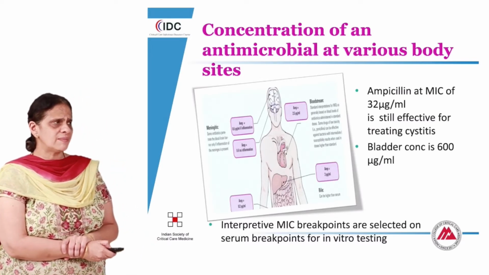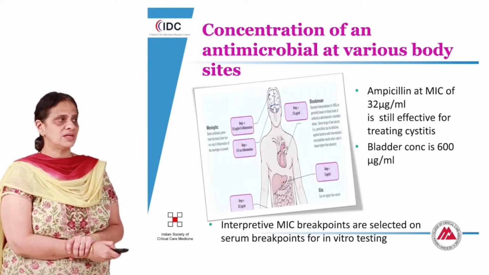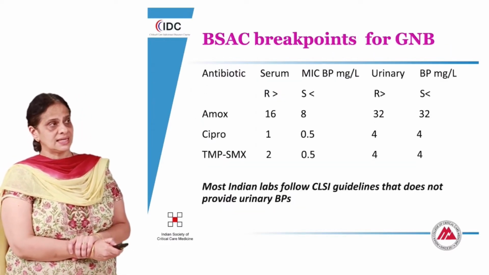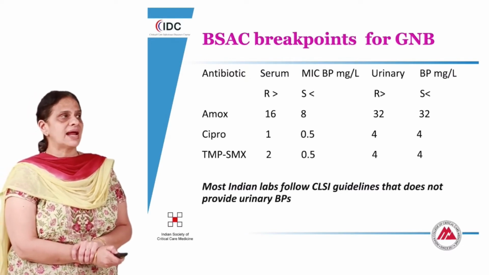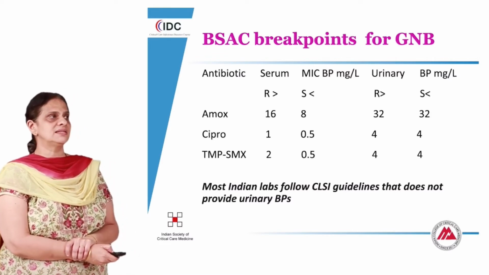So interpretive MIC breakpoints are selected on serum breakpoints for in vitro susceptibility testing, and here we wouldn't take into consideration that this particular antibiotic concentrated in the bladder and so was able to eradicate the infection. So the report would read as R, as it did, but the patient did well.